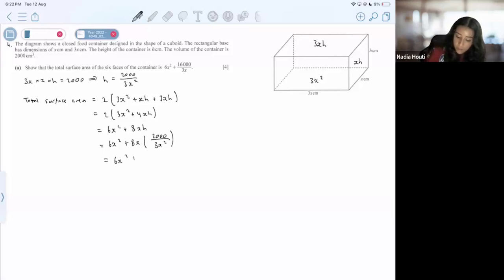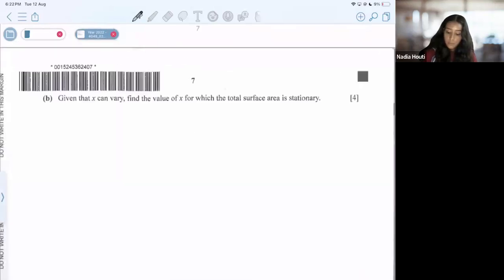And when we simplify that, we'll get the final expression that they want. So that's how you do part A. Let's move on to part B.